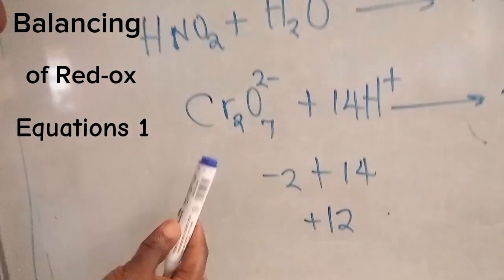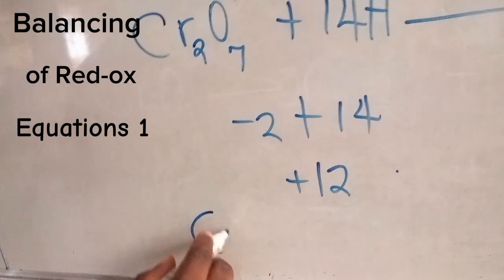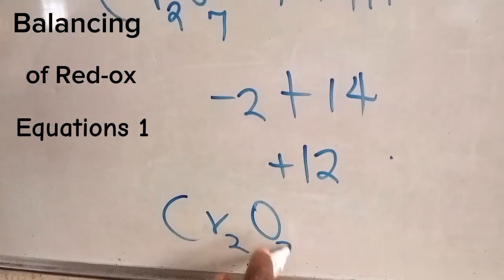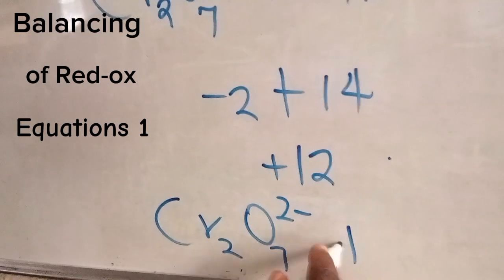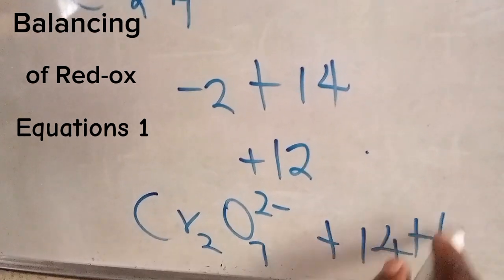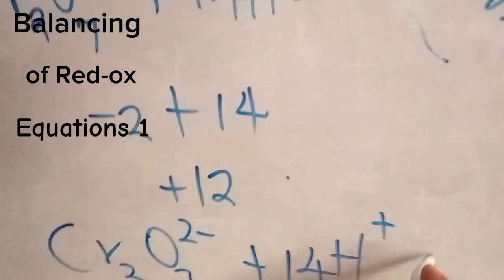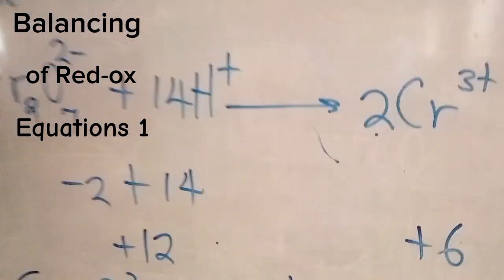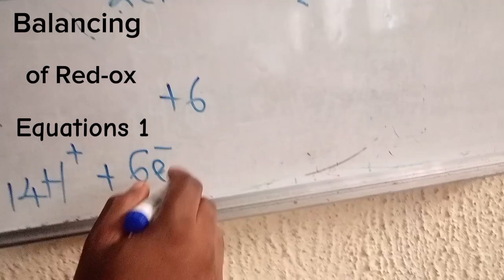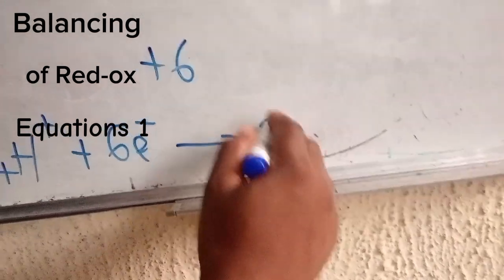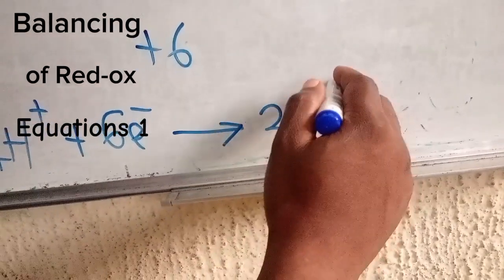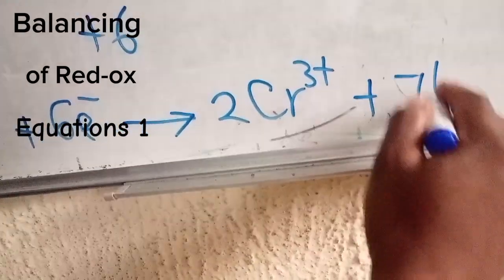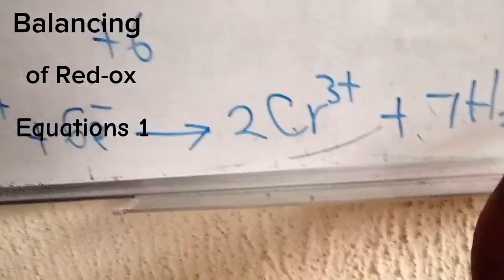So my equation will now look like this: Cr2O7 2 minus plus 14H plus, plus the 6 electrons I'm adding to reduce the excess positive charge. That will give us 2Cr3 plus and 7 moles of water.